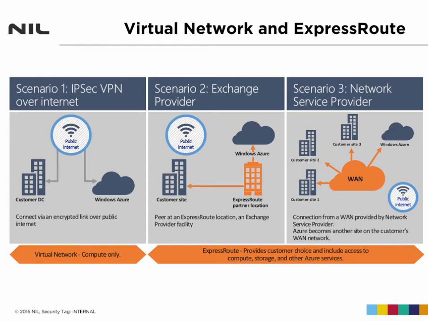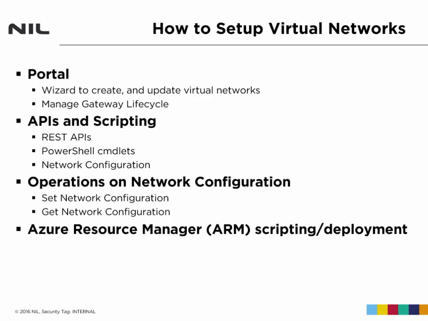Typically in Azure, you have multiple ways to set up everything. The same is true with virtual networks. The most useful one for showing things is through the portal. When you start doing something, you go to the portal, click the things you need, configure them, and that's it. The next one, of course, is API and scripting.